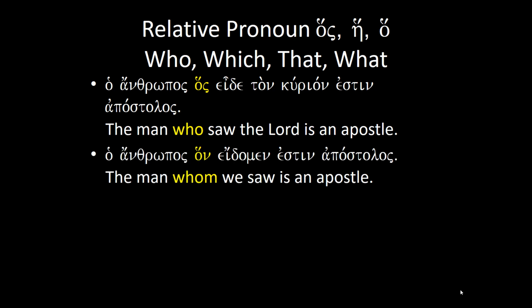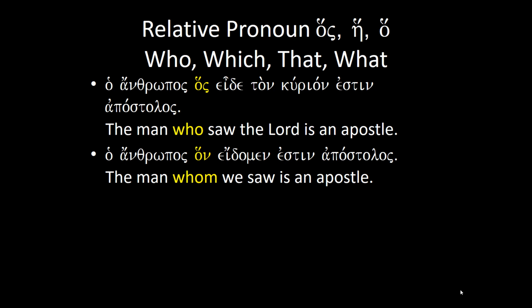So now we have one similar structure, but it's accusative because this time it's going to be the object of the verb in the relative clause. Ho anthrōpos hon eidamen estin apostolos. The man whom we saw is an apostle.